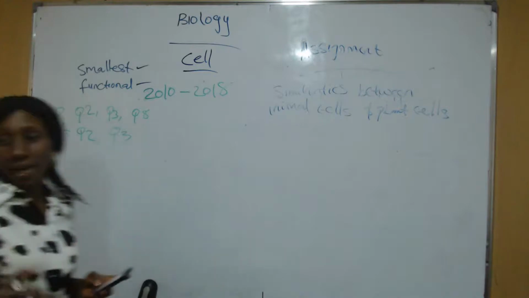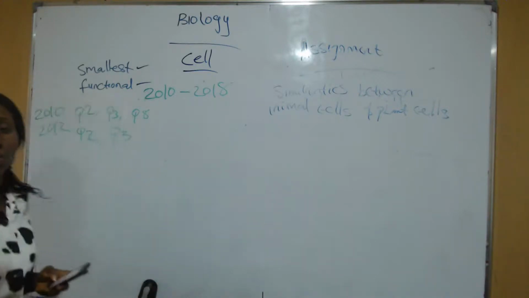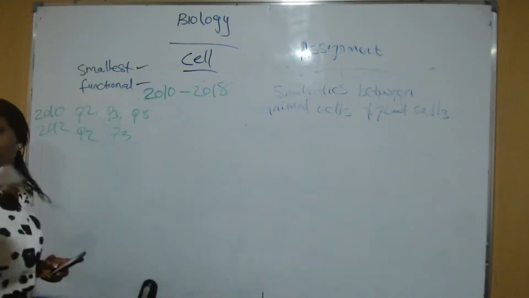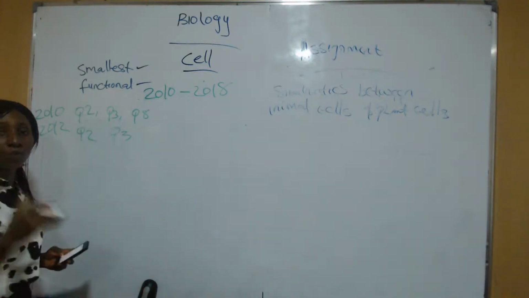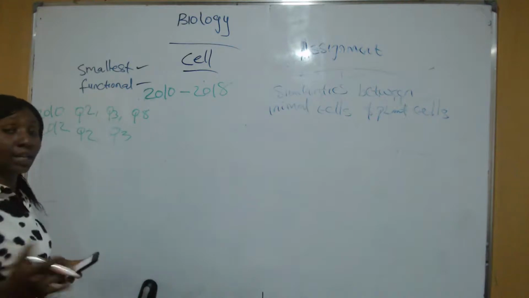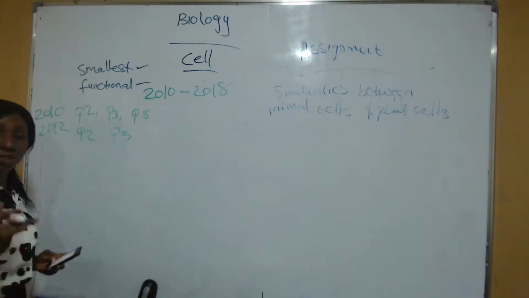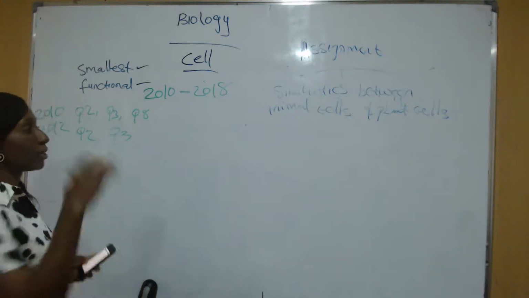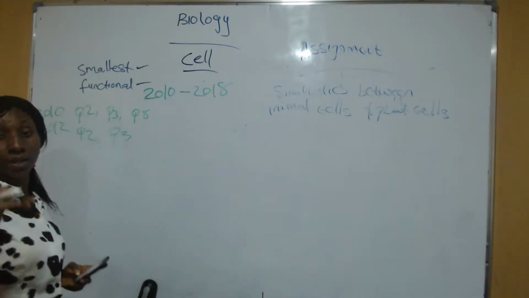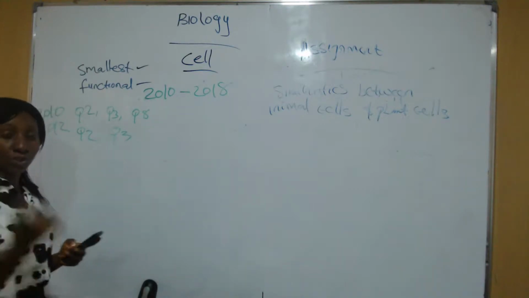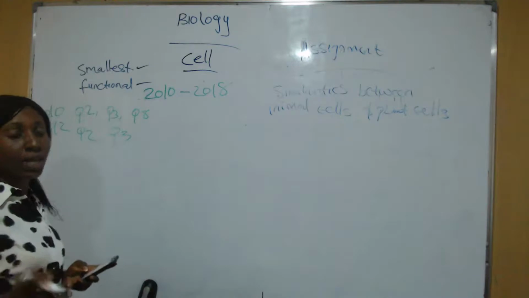Now, this is where you need to know your cell structure off by heart. You need to learn them, their functions, and what each organelle looks like. You have your phone there, Google the structure of an animal cell, Google the structure of a plant cell, learn it, know what each of the organelles does, know their position, know what they look like, so that when you see questions bordering on that, you can easily answer them.